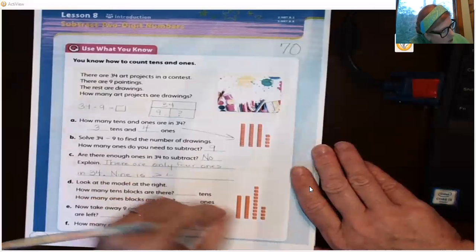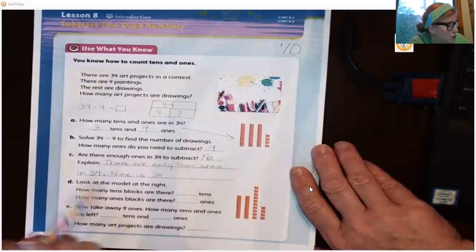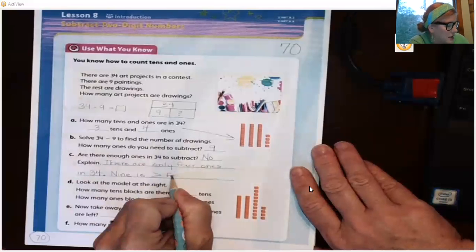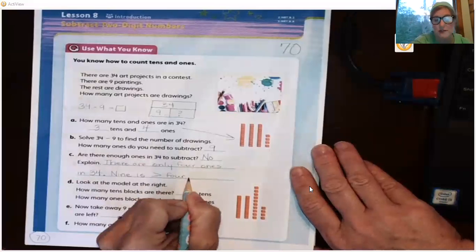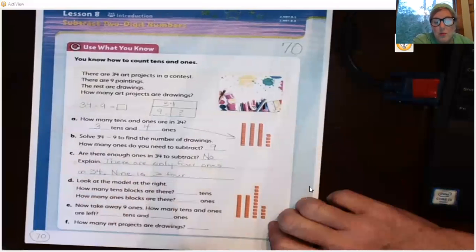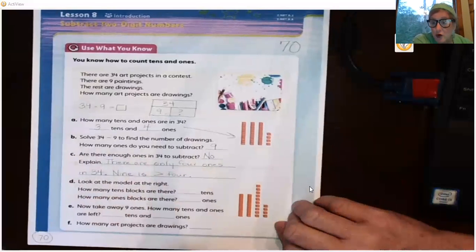I'm going to write it out in words. 4. So you will write something like this. It doesn't have to be exactly like this. But you need 9 and there are only 4 is basically it.